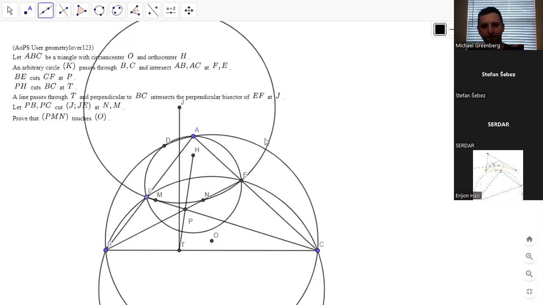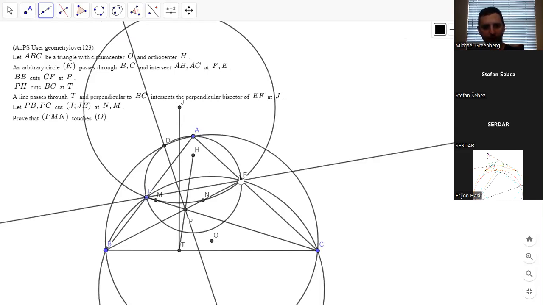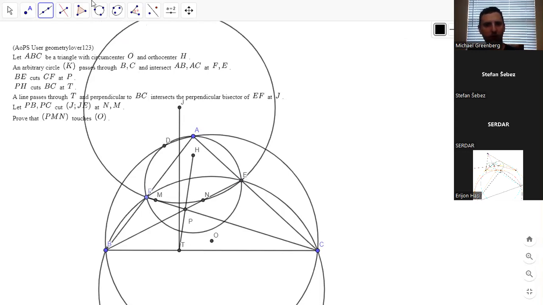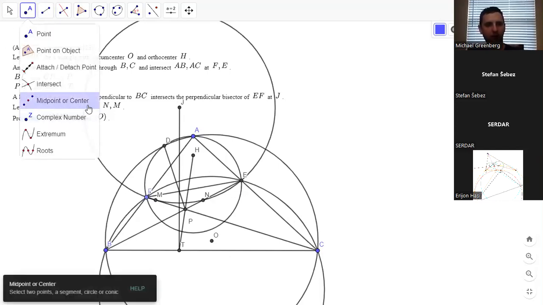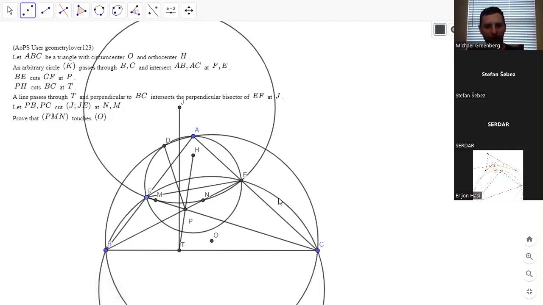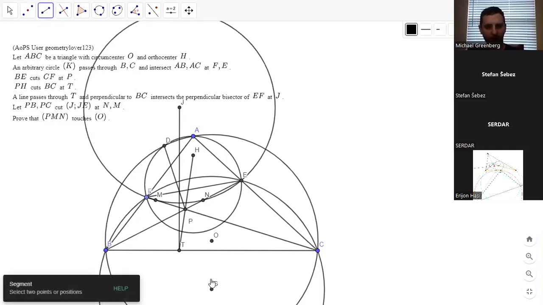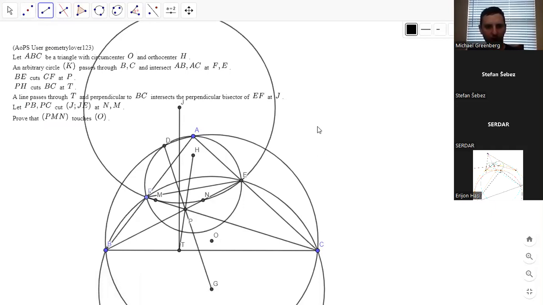PD, EF, and JT concur. PB, EF, and JT, that's interesting. Also, I think it is highly useful to draw in the center of BFEC, since that center lies on DP. So they're collinear. And then JG is perpendicular to EF.